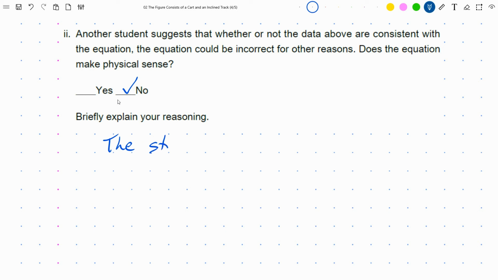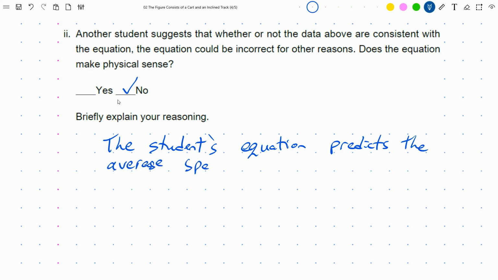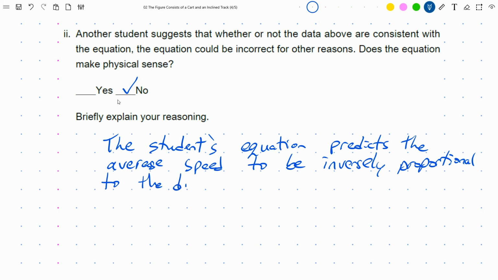The student's equation predicts the average speed to be inversely proportional to the distance between bumps.